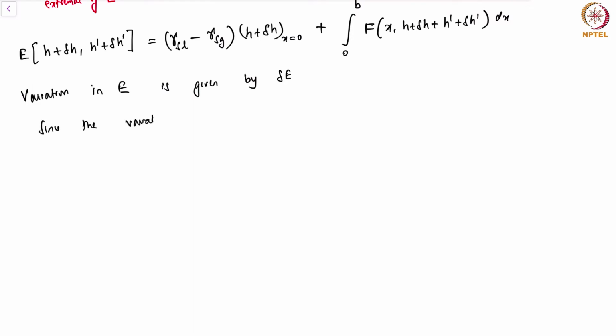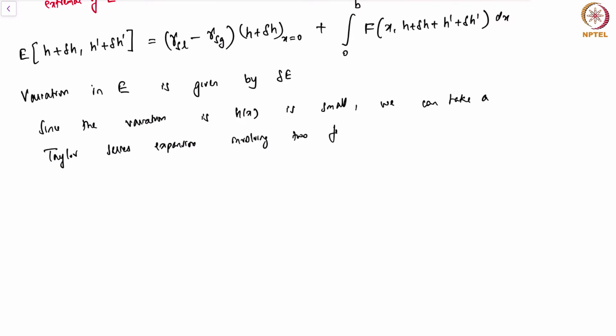Since the variation in h of x is small, we can take a Taylor series expansion involving two functions, or you can even say you can treat them like variables, h of x and h prime of x.